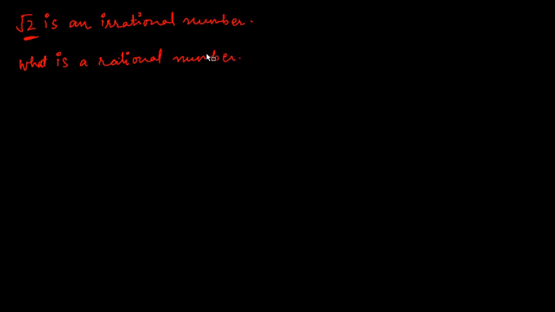A number which can be written in the form of p upon q, where p and q are integers, both are integers, and q is not equal to 0, is a rational number.